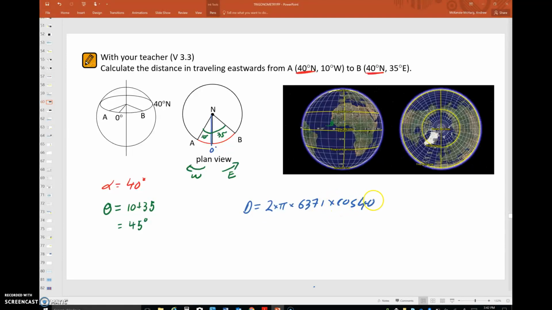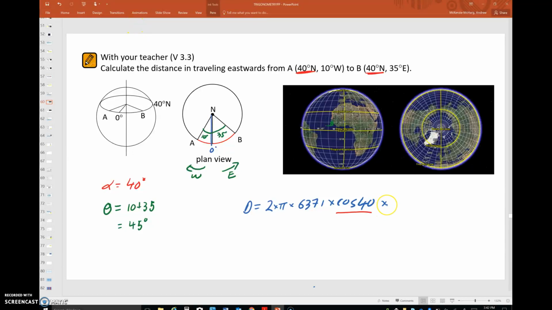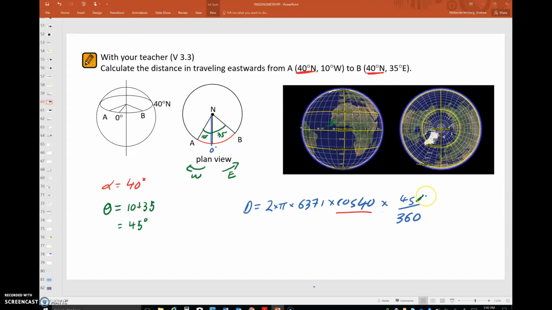Cosine of 40. Alright, that was the bit that we did in red. There's our cosine of 40 multiplied by 45 on 360. There is our theta value there.